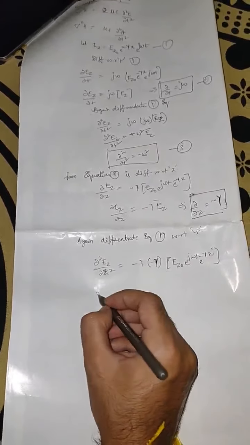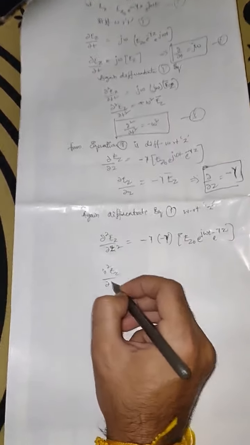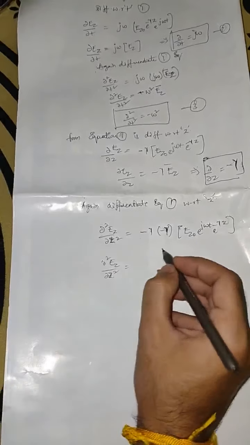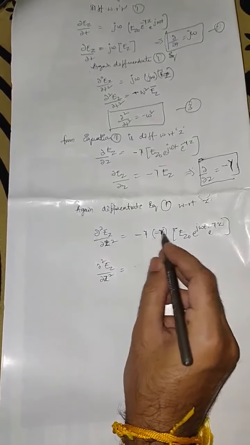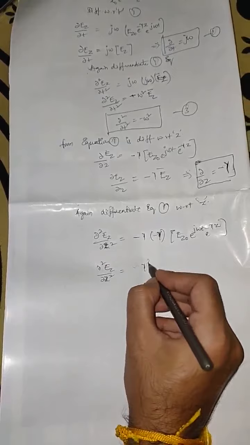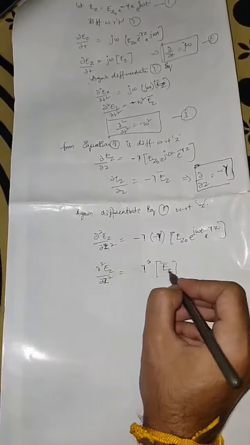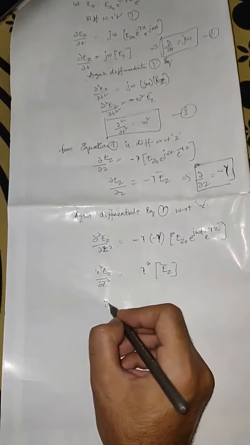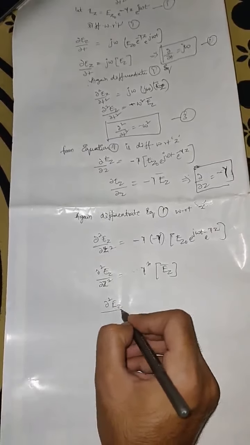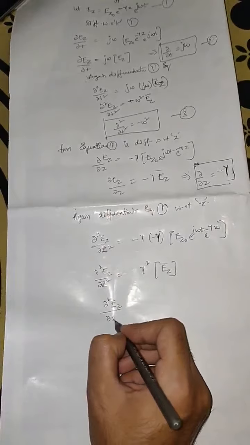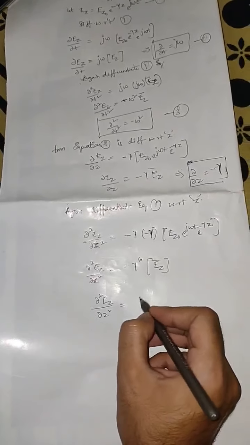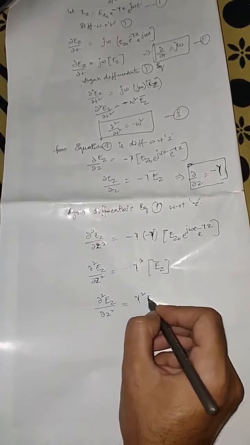Minus into minus is plus, so dou square Ez by dou z square is equal to gamma square Ez.